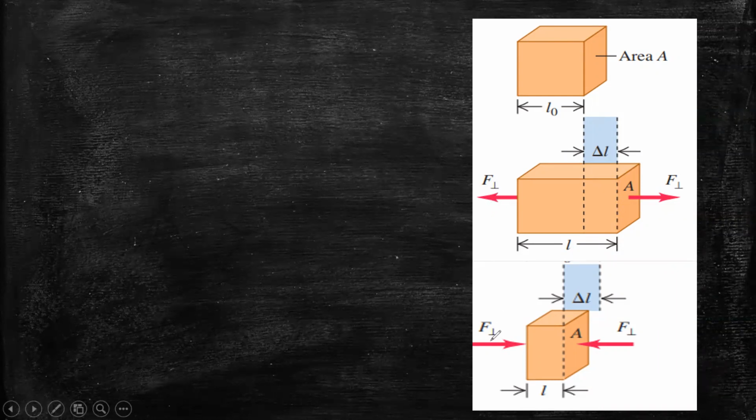But if we compress, we have a compressive stress. So tensile stress is equal to the perpendicular force divided by the resisting area.